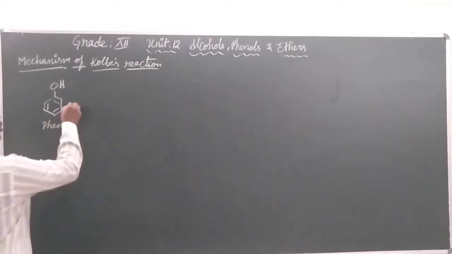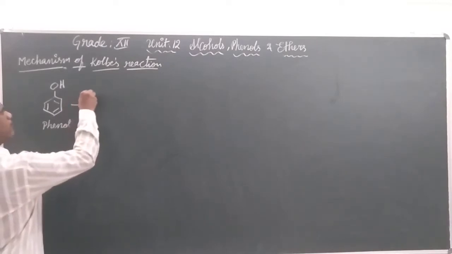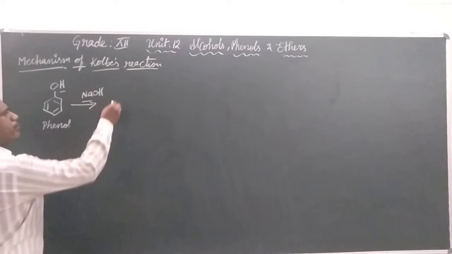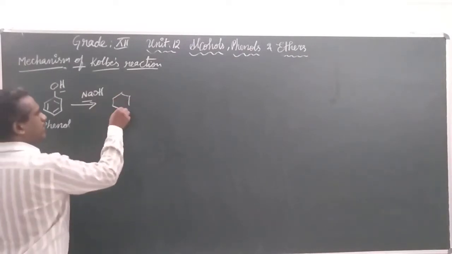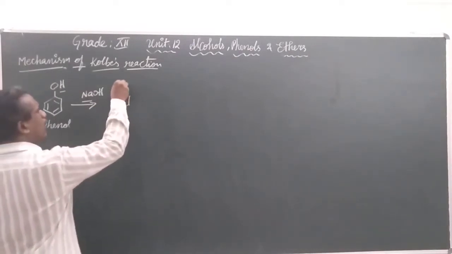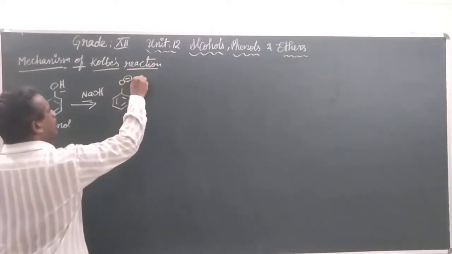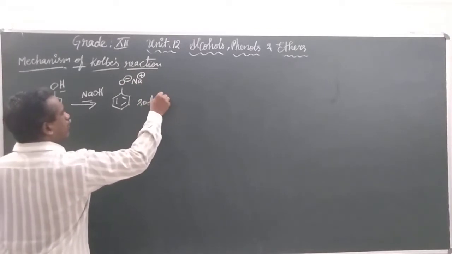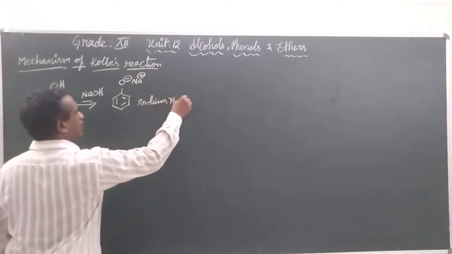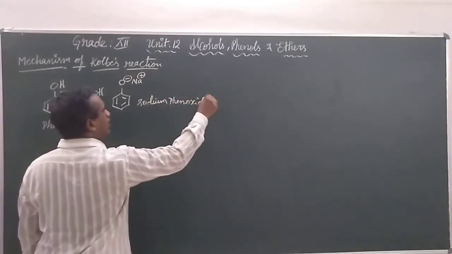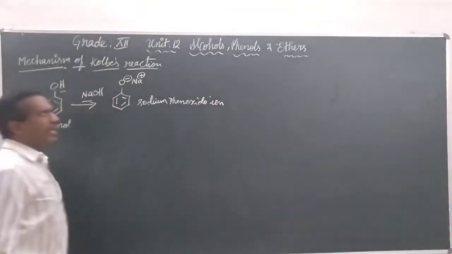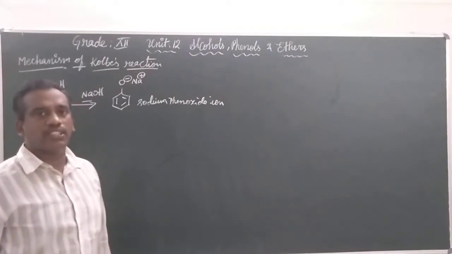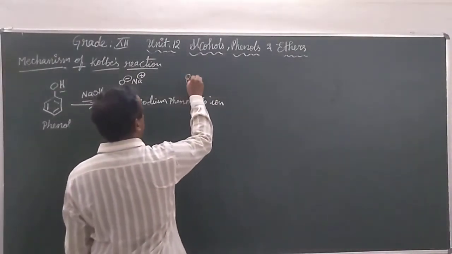To the phenol, we have added sodium hydroxide. We already discussed that the sodium displaces the hydrogen on the phenol to give the sodium phenoxide ion. Now, this sodium phenoxide ion will be involved in resonance.